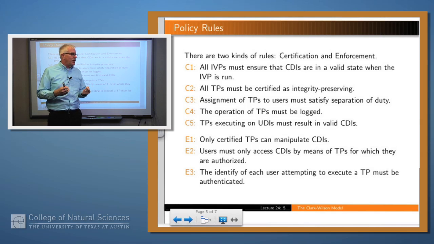A transaction procedure must be certified as preserving the integrity of the system. Assignment of transaction procedures to users must satisfy separation of duty, whatever that means. The operation of transaction procedures must be logged. And if you have a transaction procedure that operates on some unconstrained data items and somehow affects constrained data items, then that has to be legitimate.